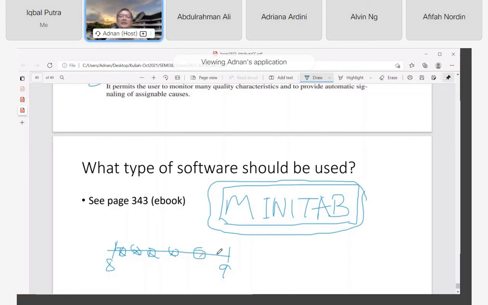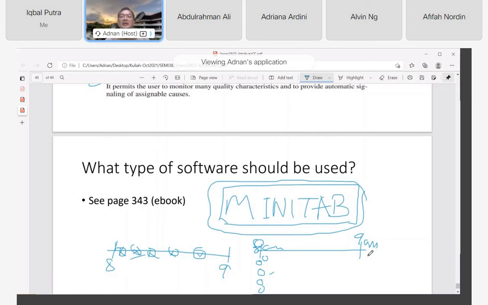Or you select an instant in time, for example all samples taken at 8 a.m. and the next at 9 a.m. We know that the sensitivity of the charting is different if you collect data like this or like this.